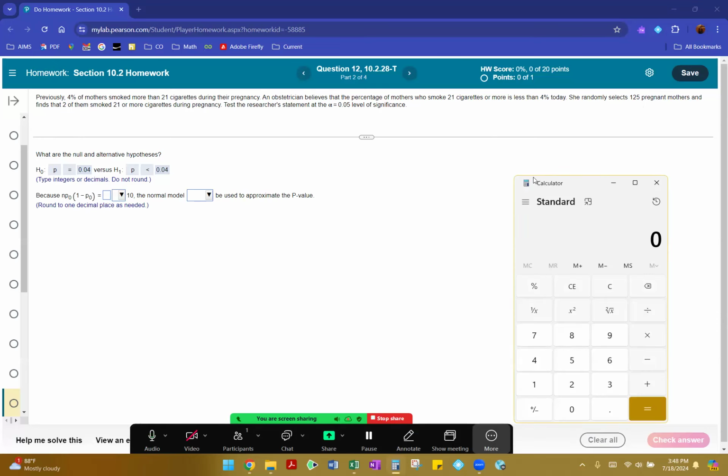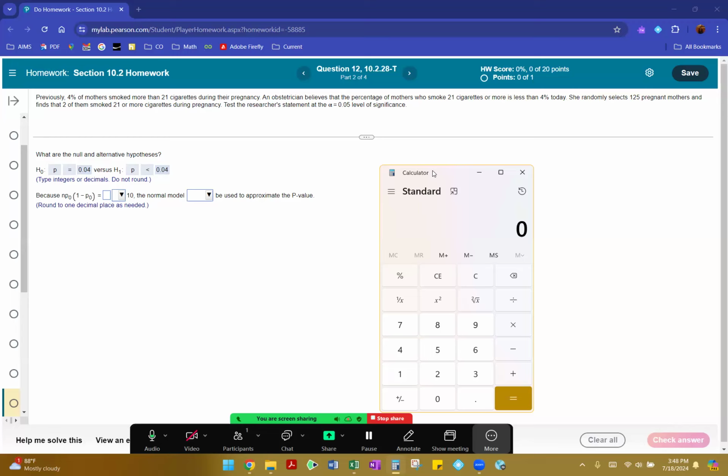So our n value is 125. We're going to multiply that with our initial probability of 4%. So that's 0.04 times 1 minus 4%. Remember that was 96%. So 0.96, and that comes out to be 4.8.